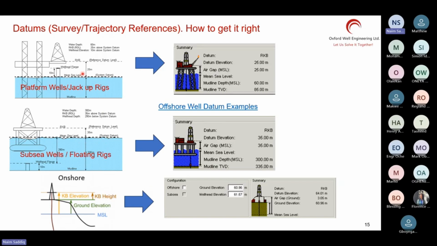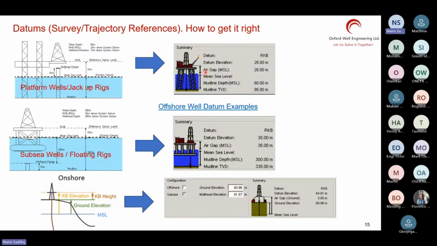If you don't have the rig, if you are just planning a well and you don't have any information, there's nothing to worry about. You can leave the air gap at 0, and make sure you have MSL, some reference point. You don't need to have air gaps. You can design the well from the mud line, or from mean sea level if you don't have the rig, because the rig changes the air gap.